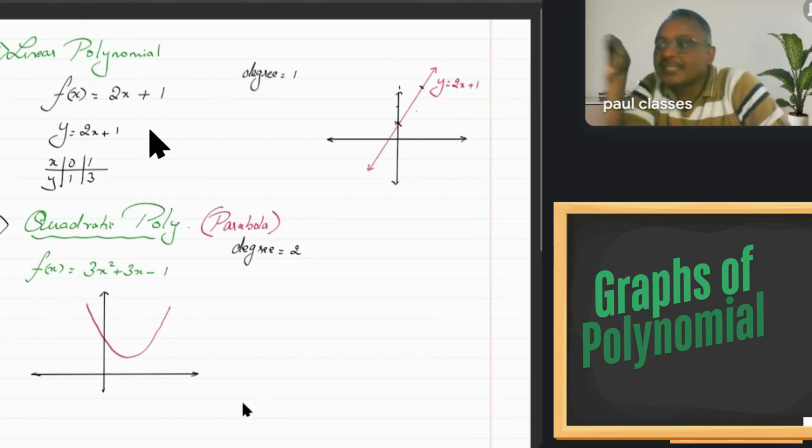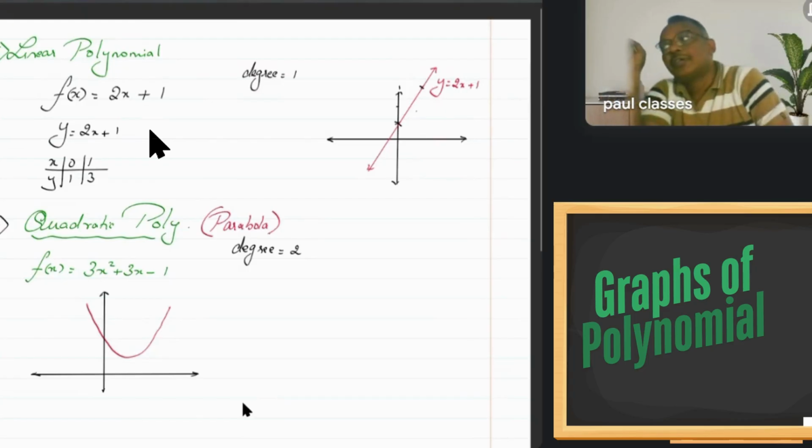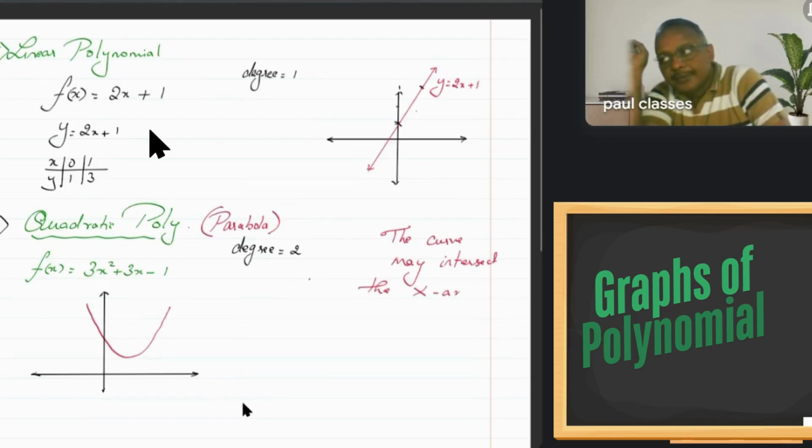It means the curve may intersect the x-axis at maximum 2 points.